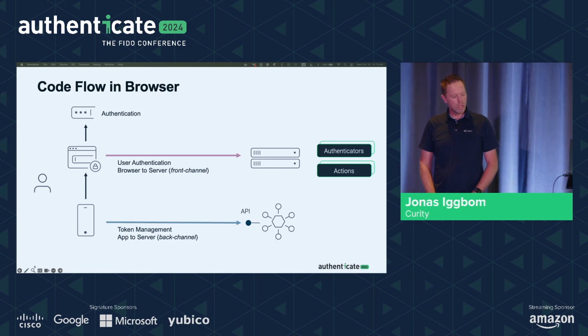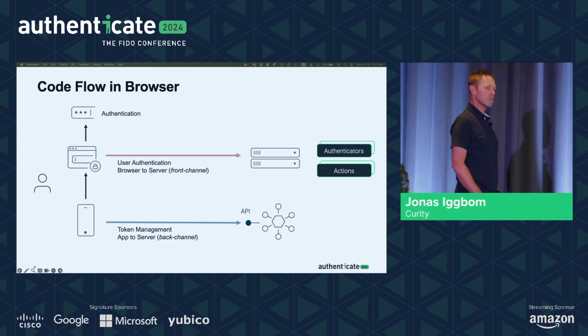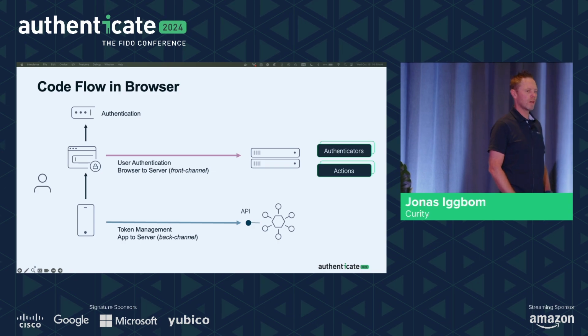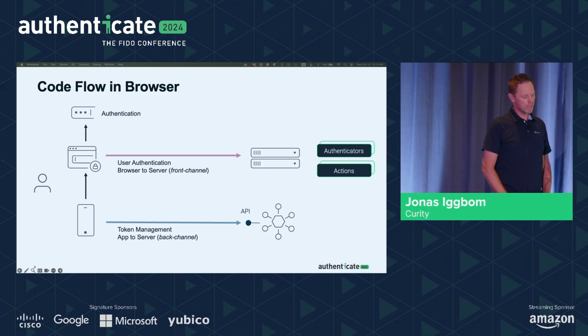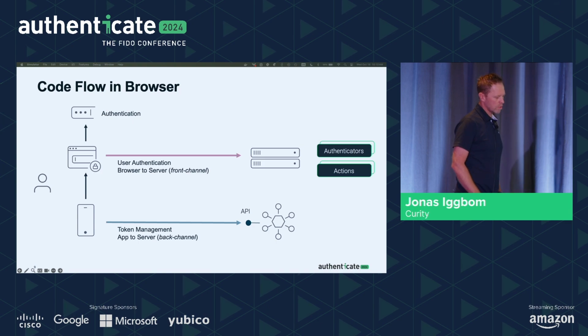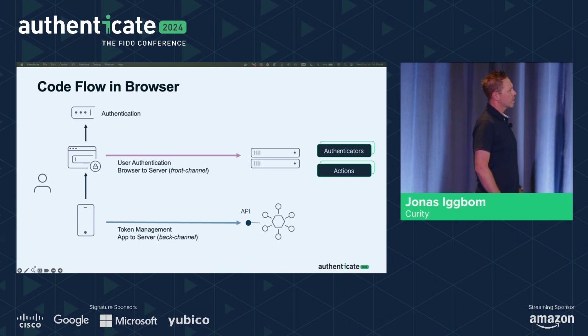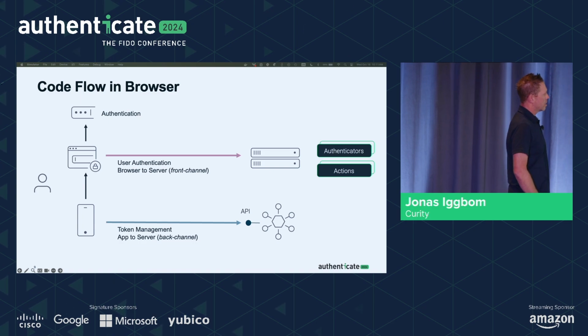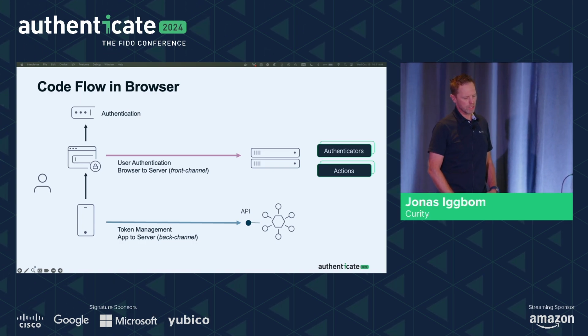So, a traditional code flow that runs in the browser. This is obviously significantly dumbed down for those who are familiar with what a code flow is. But the aspect to look at here is that in the bottom left, we have a mobile device. It points up to a browser that initiates the user authentication in the front channel to the authorization server.